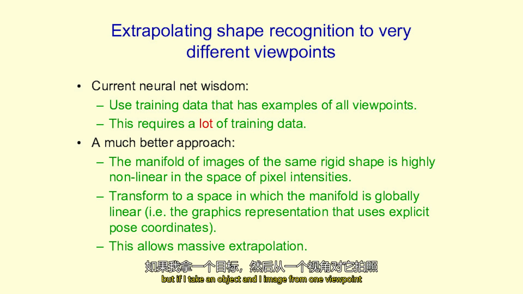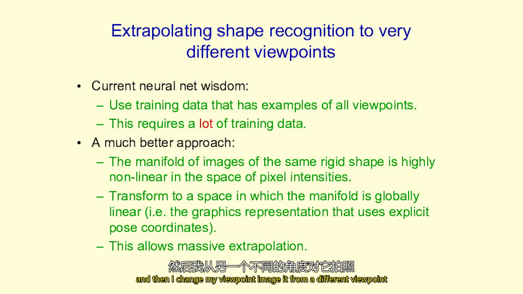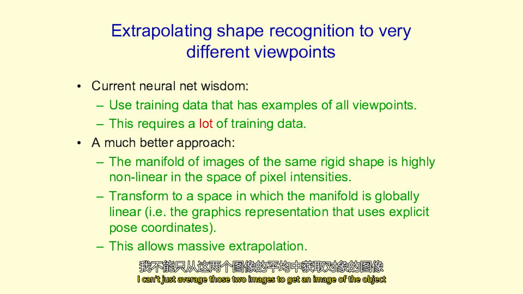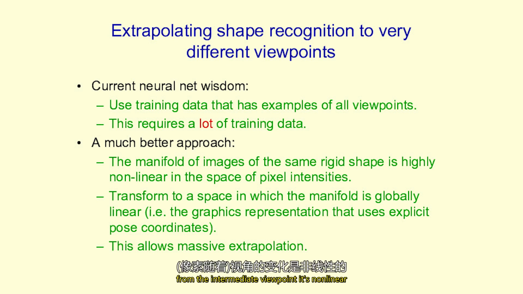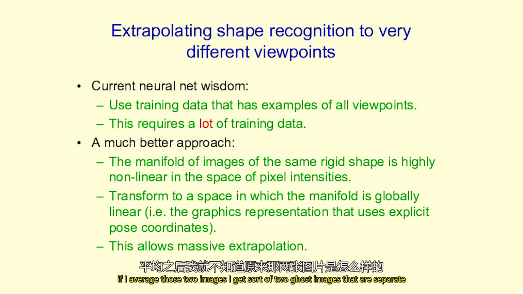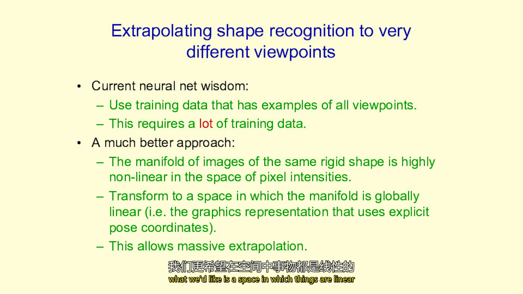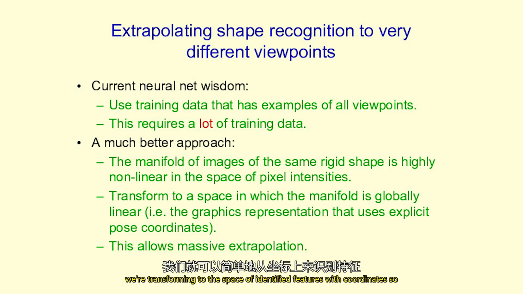That is, if I take an object and I image it from one viewpoint, and then I change my viewpoint and image it from a different viewpoint, I can't just average those two images to get an image of the object from the intermediate viewpoint. It's non-linear. If I average those two images, I get sort of two ghost images that are separate. What we'd like is a space in which things are linear, and you get that linear space by transforming to the space of identified features with coordinates.